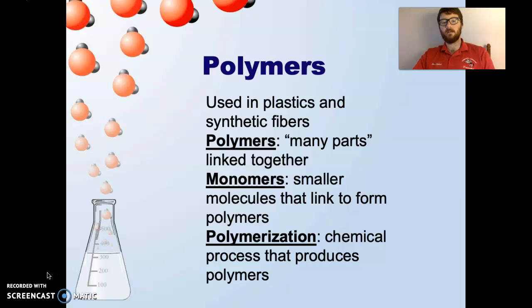Polymers and monomers. Of course, you have hydrocarbons. Some are small, some are super large. Polymers are made of many different hydrocarbons linked together, and polymers are formed from monomers through the process of polymerization, a chemical process which puts monomers into long strings and makes them into polymers.